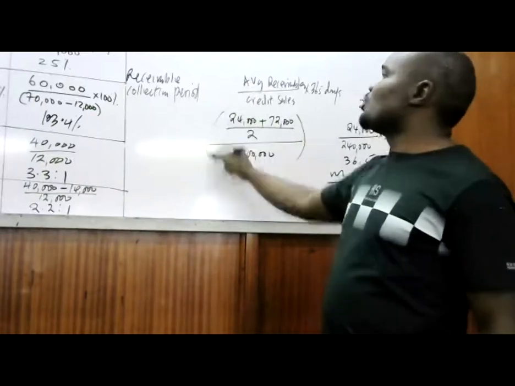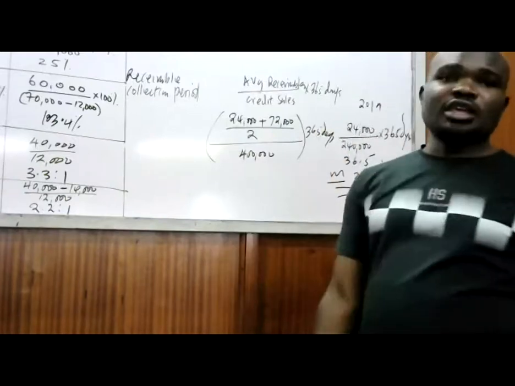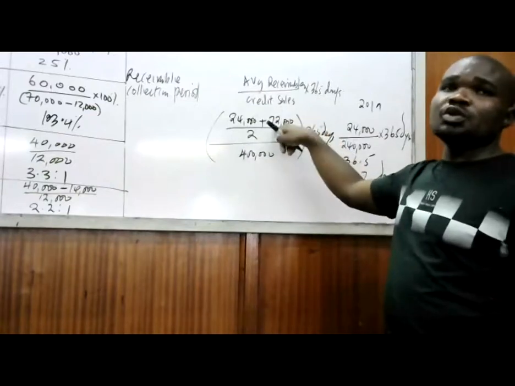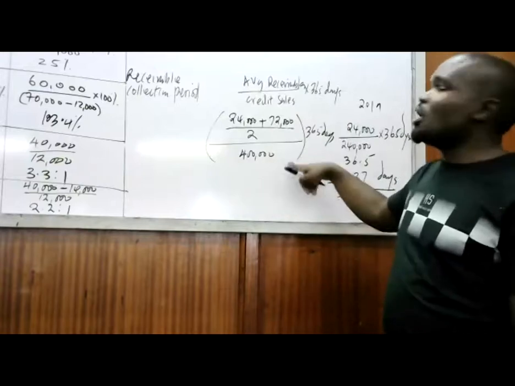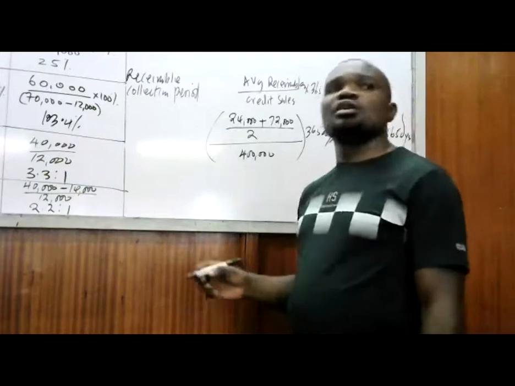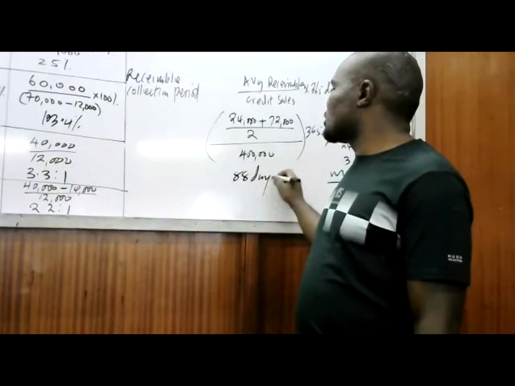Then whatever you get, you multiply by 365. So be keen, take 240 plus 72, divide by 2. Then divide by 400, whatever you get times 365. Roughly how many days?